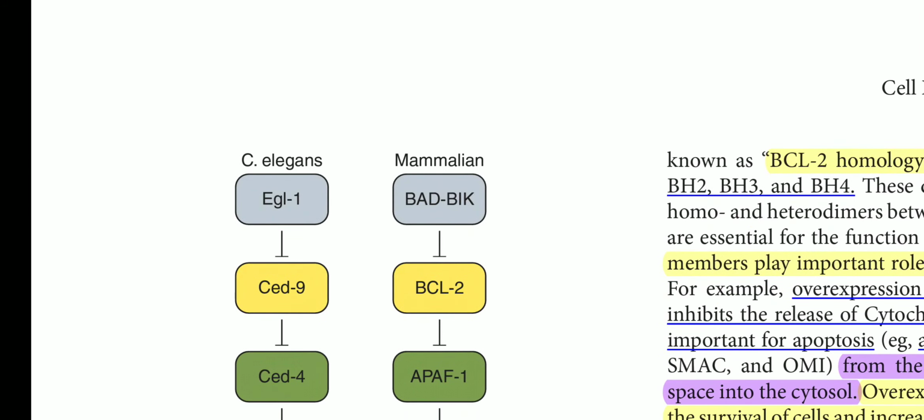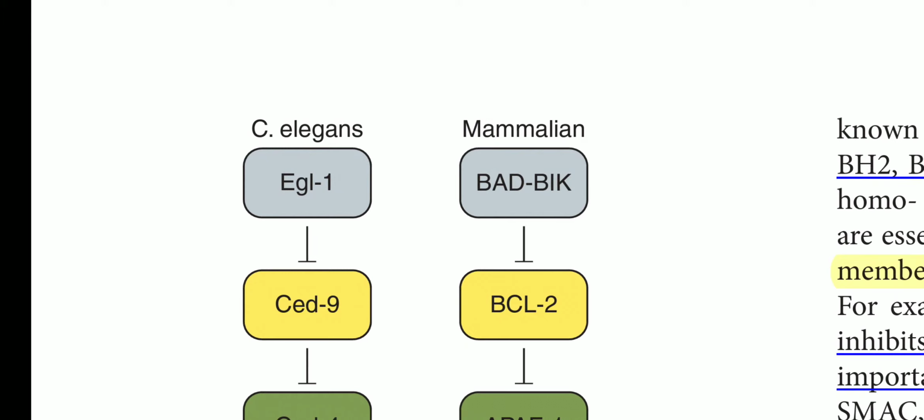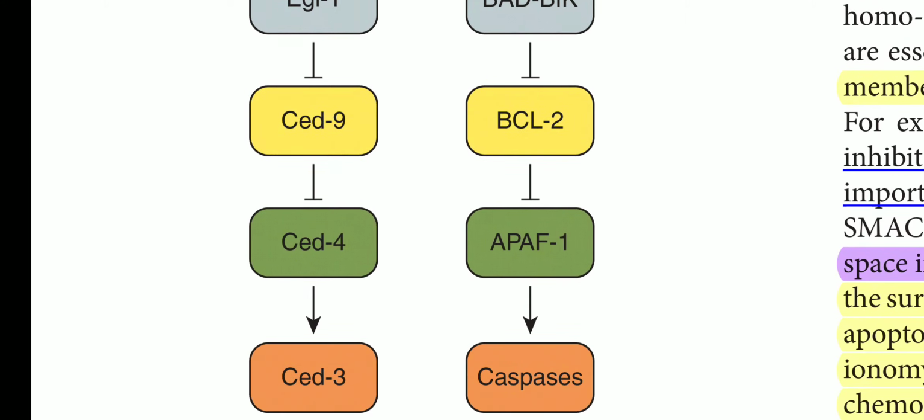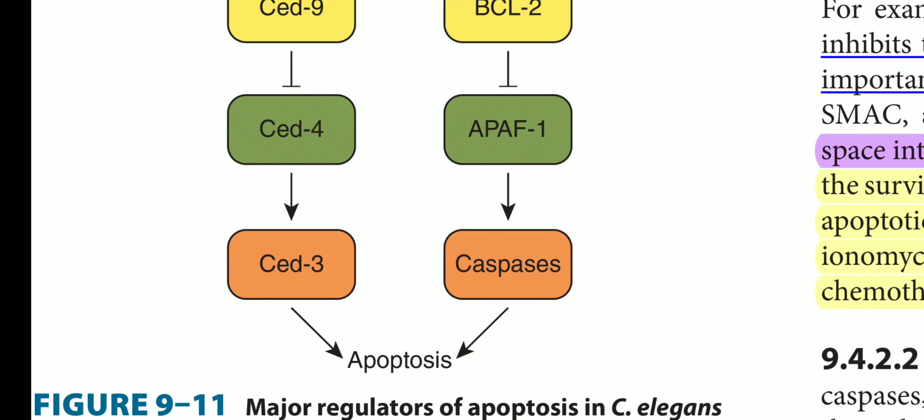Let's see if EGL-1 loses its function: it is unable to inhibit the CED-9 protein, and CED-9 is then expressed and suppresses CED-4. In the presence of EGL-1 it won't suppress, but in its absence it will. So CED-4 causes activation of CED-3 and leads to apoptosis.